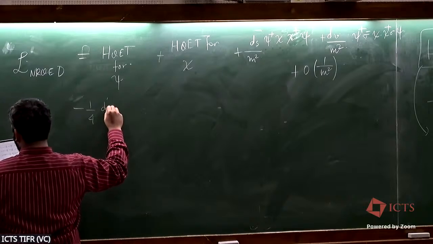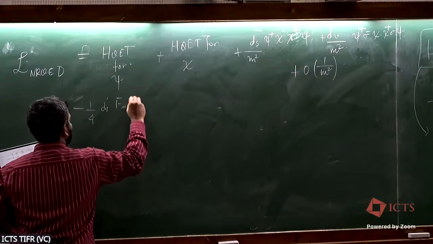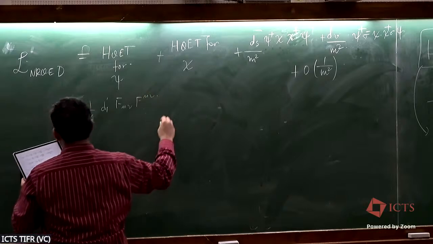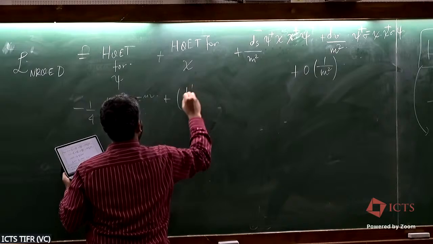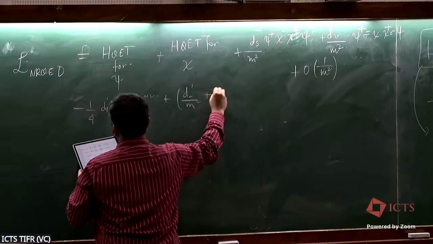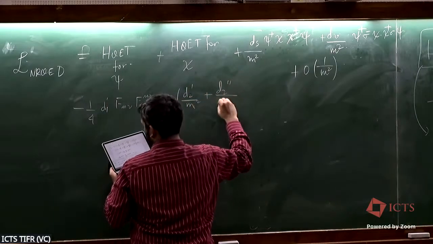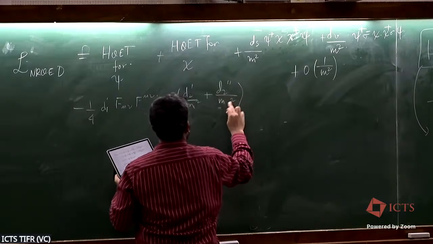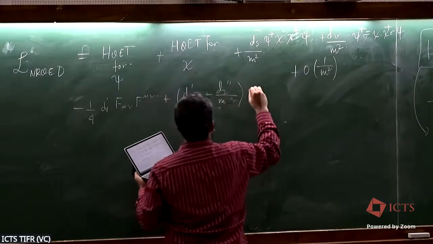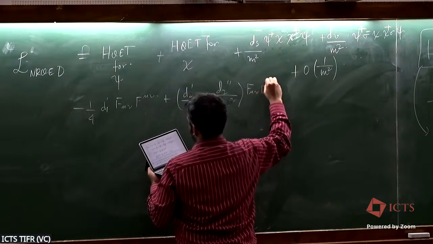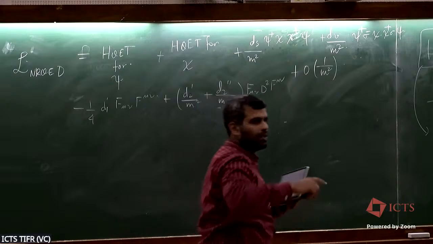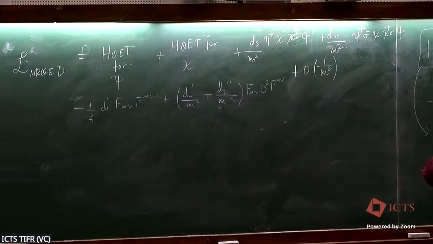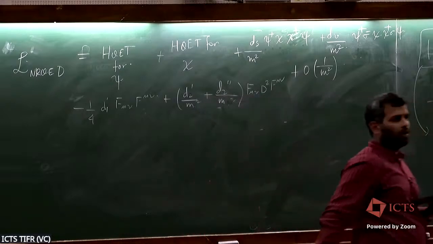So I have D1 prime F mu nu plus D2 prime by M1 square plus D2 double prime by M2 square, or M square, sorry, not M1, F mu nu D square F mu nu. These are coming from the vacuum polarization diagrams where you integrate out the electron in the one loop.